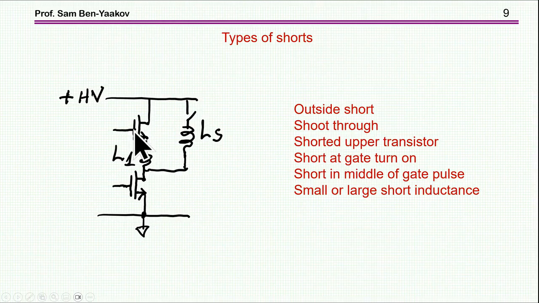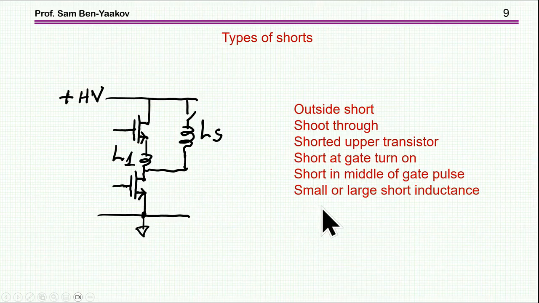Suppose this is damaged, you turn on this against a short, and could be a short indeed as you turn on the transistor. Already you have the short, or you can turn on the transistor and then after a while you might have a short, not necessarily at the very beginning of the gate pulse. And the DSAT circuit has to accommodate these two possibilities and give a protection in each case.